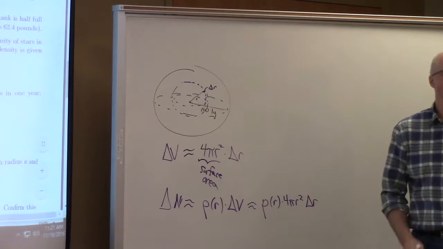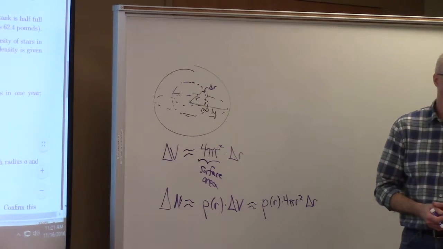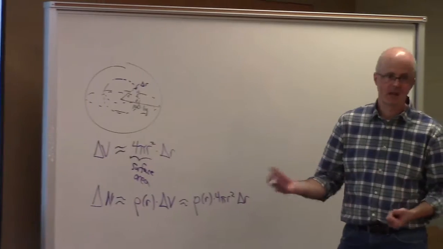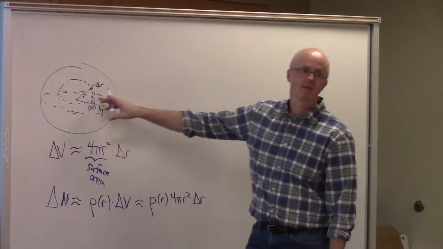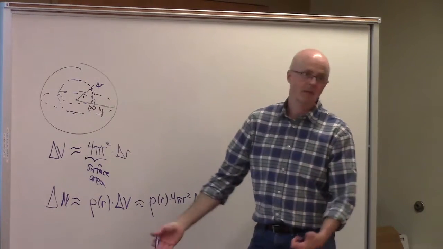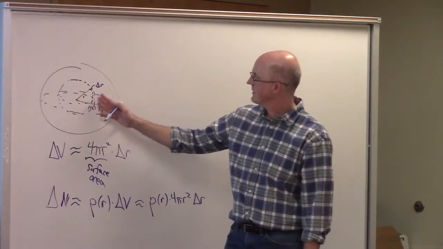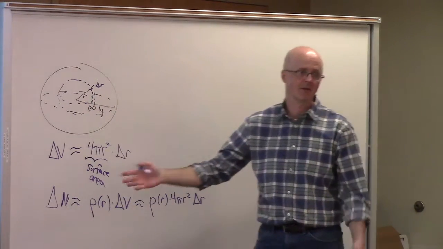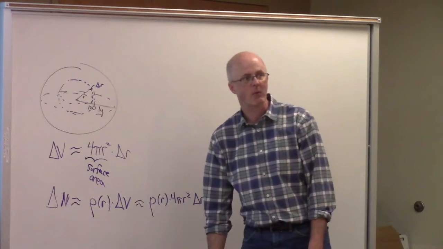Adding up things like this would give you a Riemann sum approximation to the total number of stars, based on some partition of the distance from the center of the sphere to the edge, delta r being maybe 0.1 light years. If delta r were 0.1 light years and you're going out to 100 light years, you'd have 1,000 terms in your sum, since 100 divided by 0.1 is 1,000.